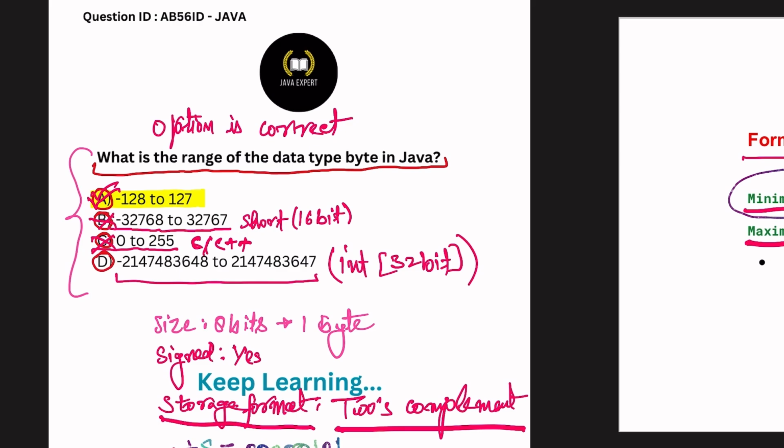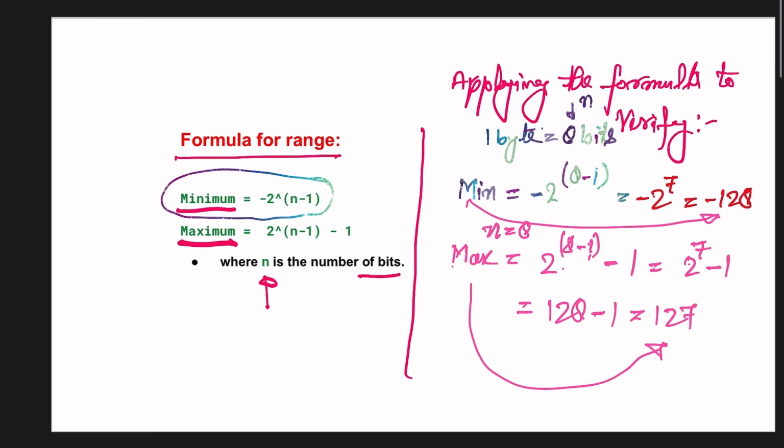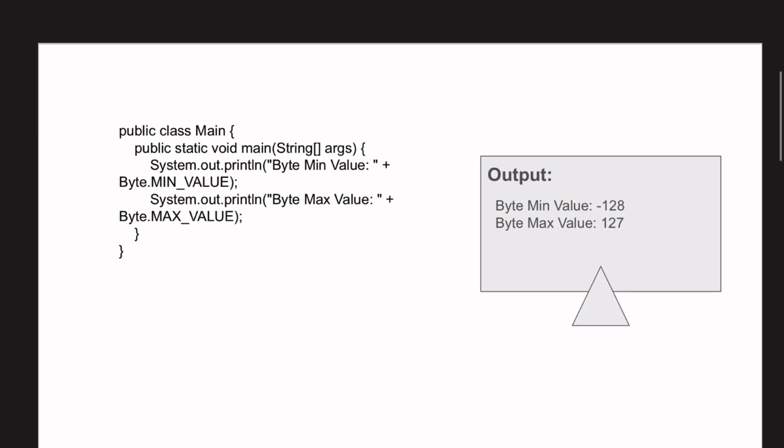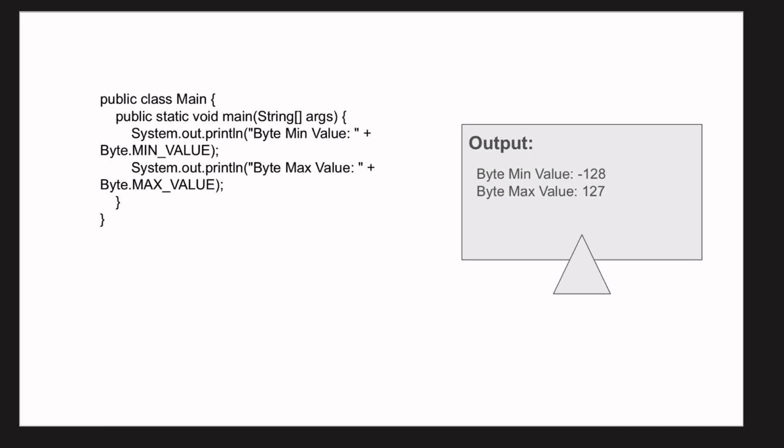But for the understanding, I just want to show you one example code so that you can imbibe the whole thing clearly. This is the example for that byte range.